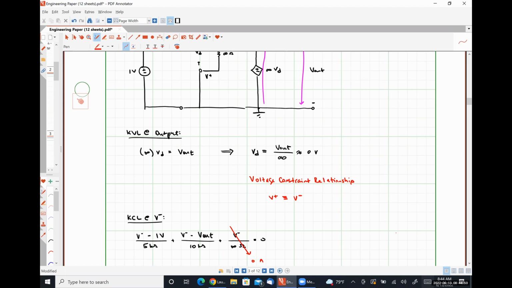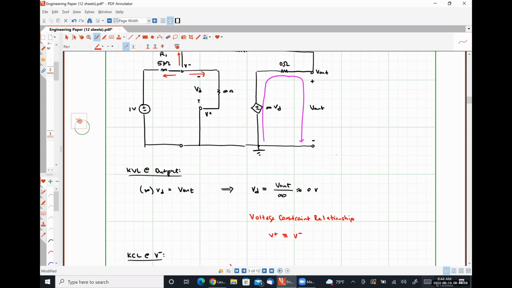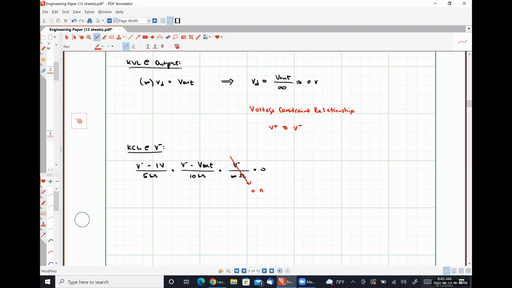since from our voltage constraint relationship, V minus, our inverting input voltage, has to be identical to V plus, and we can see by inspection here that V plus is 0 or ground, that means V minus is also ground, which means this simplifies to -1 volt over 5 kilo ohms minus V out over 10 kilo ohms is equal to 0.